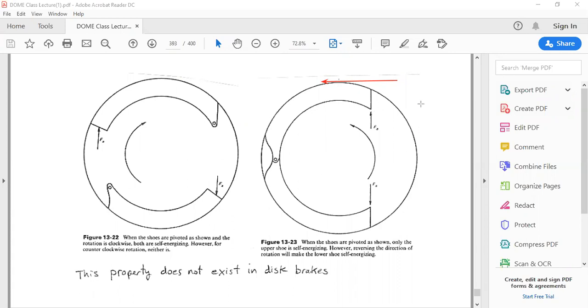So if you are rotating like that, basically you are pushing this guy in that direction, and that friction is going to be helping FA. But on this end, your friction is going to look like that, on this guy, and that friction is opposing the moment of FA. So FA on here is like that, right? That friction is opposing the moment about FA about this point. So this arrangement would allow you to create that self-energizing mechanism in both directions, and this is useful in many brake systems.